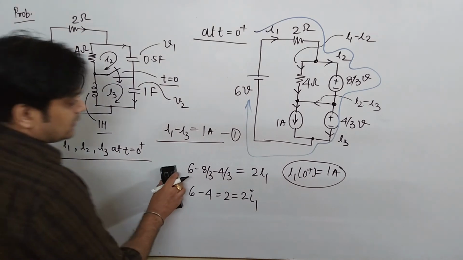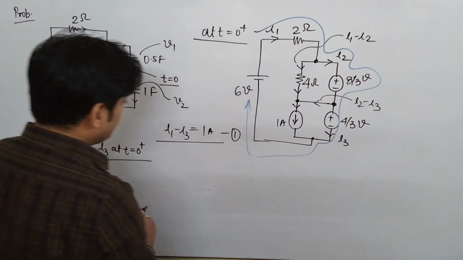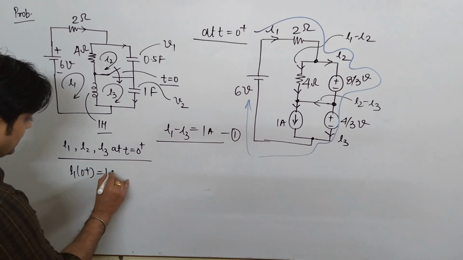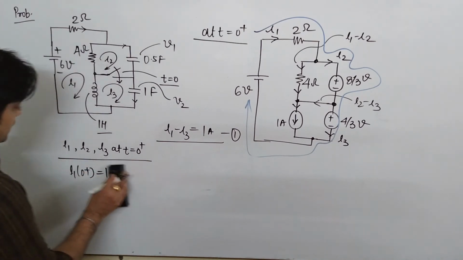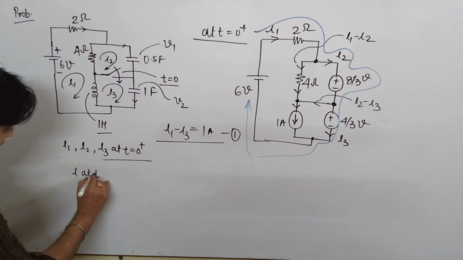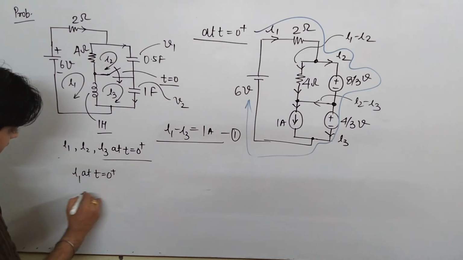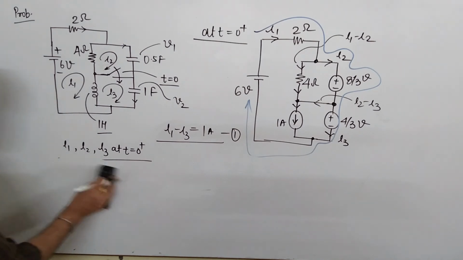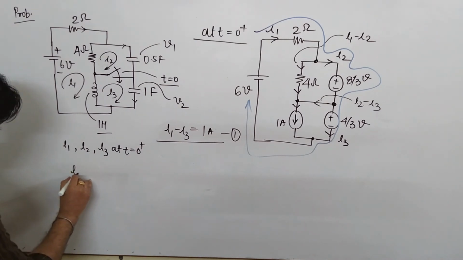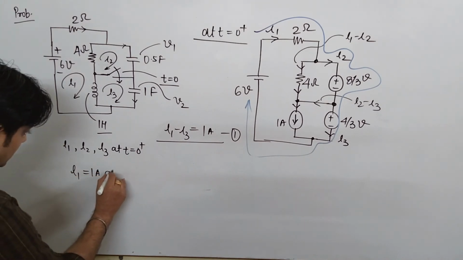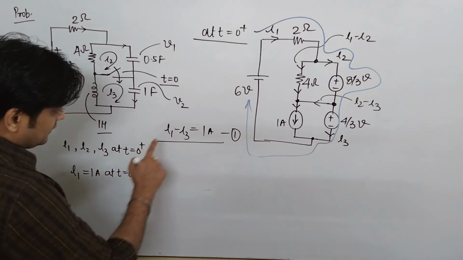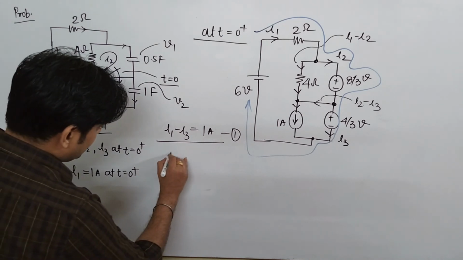1 ampere. So once you get the value of I1 at t equal to 0 plus as 1 ampere, what is I3?